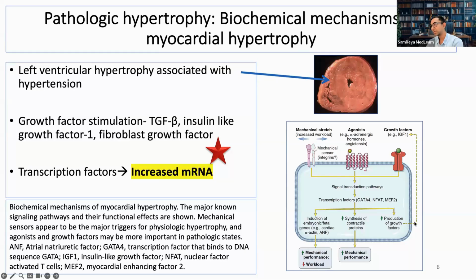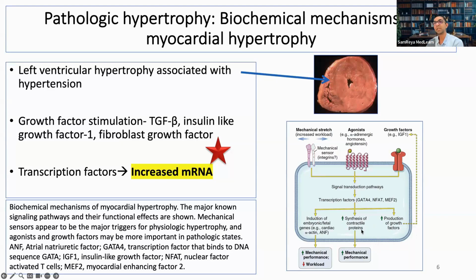You know how growth factors act? Any cell which is trying to grow might produce growth factors, and growth factors go and act on the growth factor receptor on the same cell as well as the neighboring cell. So it might be a situation where the cell is producing its own growth factors. So growth signals activate production of growth factors.